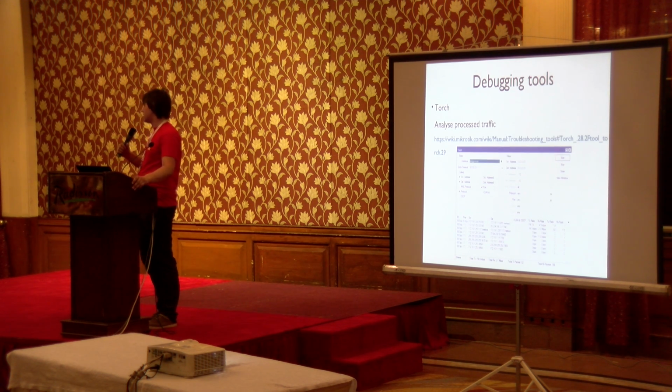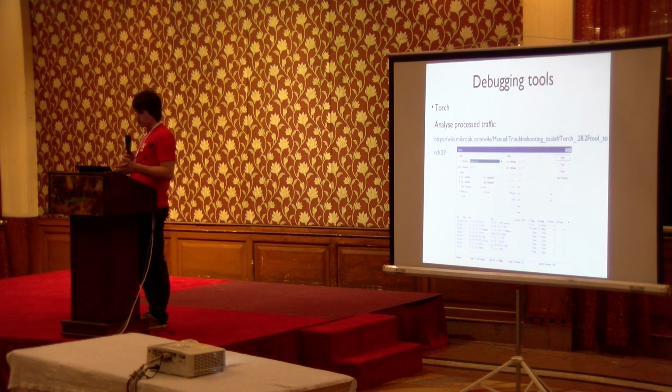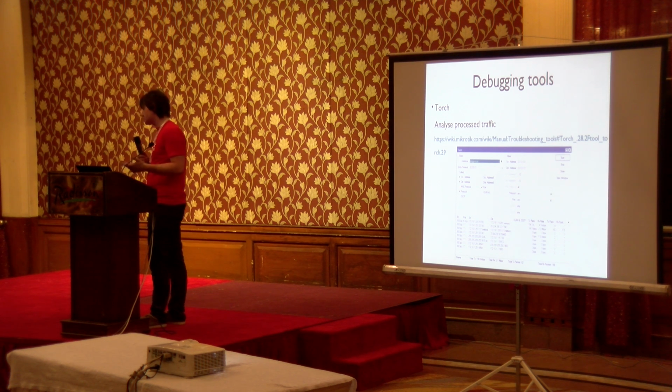And there are also other debugging tools, for example, Torch, which is made for analyzing network traffic. You can specify the interface, and the router will list all used ports, all used IP addresses, traffic that goes by, and so on.